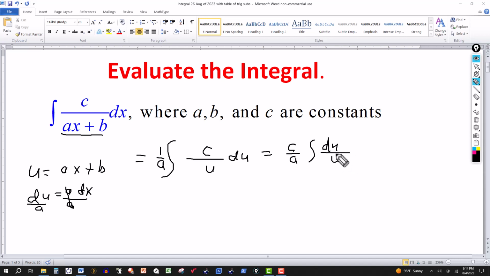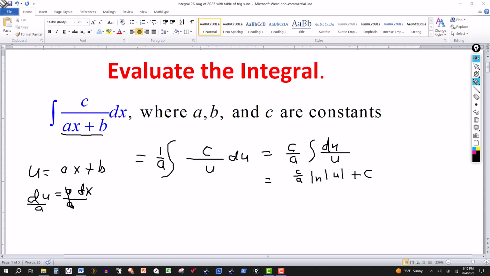And that's one of your formulas for computing antiderivatives or integrals. Anytime you have anything that has this format, du over u, where u is a function of x, the integral is ln, natural log, of absolute u plus a constant of integration. And then this would be c over a.